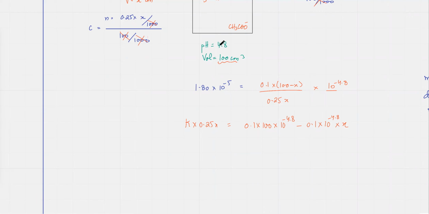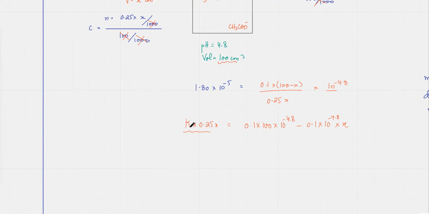Sorry. Hello, can you hear me? Yes. So can you tell me what's 1.8 times 10 to the power minus 5 into 0.25? What value do you get? Sir, do I have to calculate 1.8 multiplied by 10 to the power of negative 5 into 0.25?